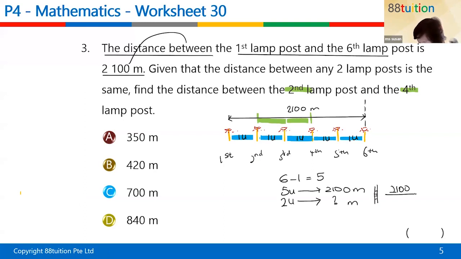2,100 divided by 5 times 2. Okay, so I reduce this to the simplest form, 420, and then I get 840 meters here. So per unit is 420 meters.